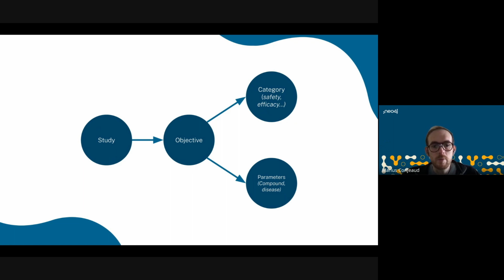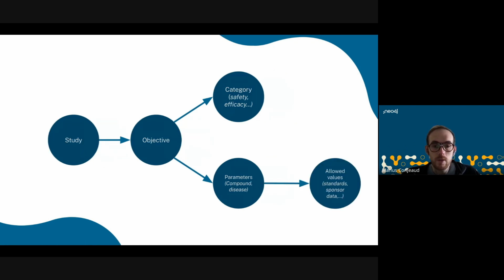And what I just said, molecule and disease, we actually treat them as parameters to the objective. So we use a lot of templates inside of the OpenStudyBuilder so that you can pick from a library of templates instead of always having to come up with your own content and wording. Parameters here, as I said, can be a compound, a disease, units, etc. These parameters also have allowed values inside of the data repository.